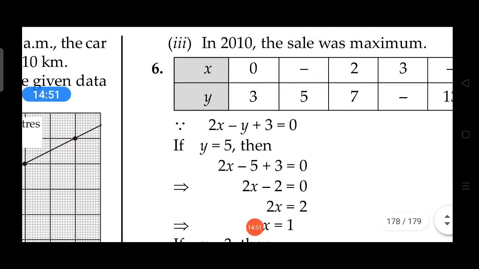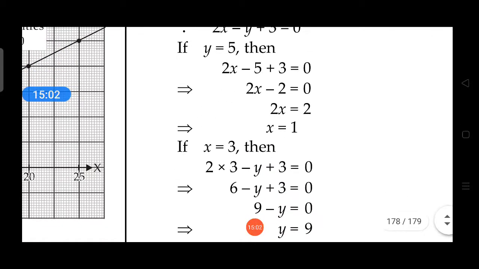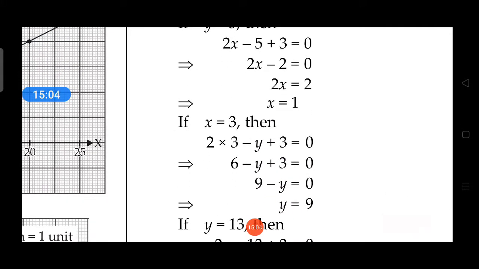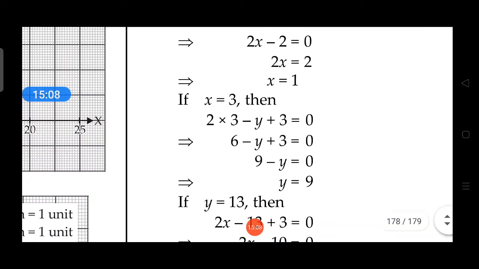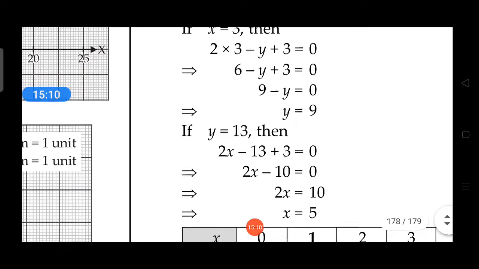If you take y as 5, then 2x minus 5 plus 3 is equal to 0. So x value will be 1. If you take x is equal to 3, then we can put in the value of x, so y you will get 9.